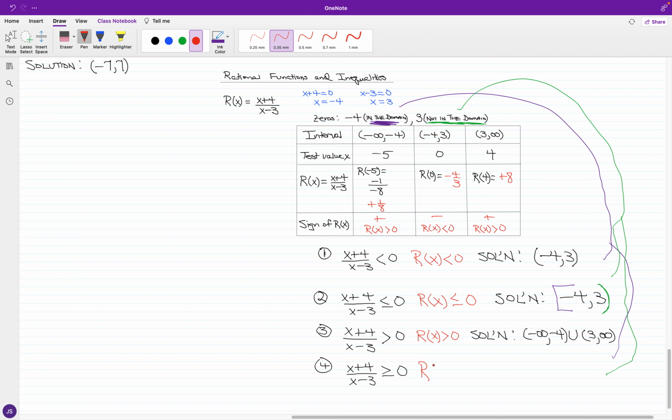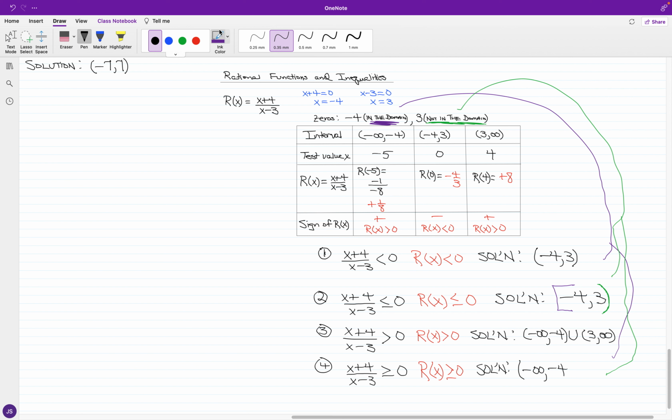And with the final inequality, r of x greater than or equal to 0, for the solution you're still involving -infinity, -4.